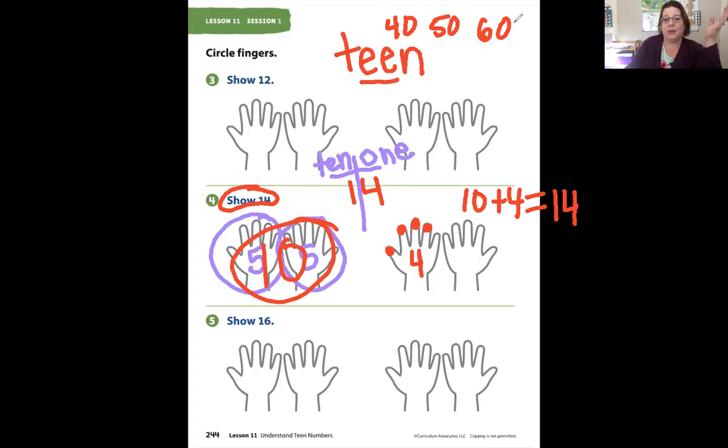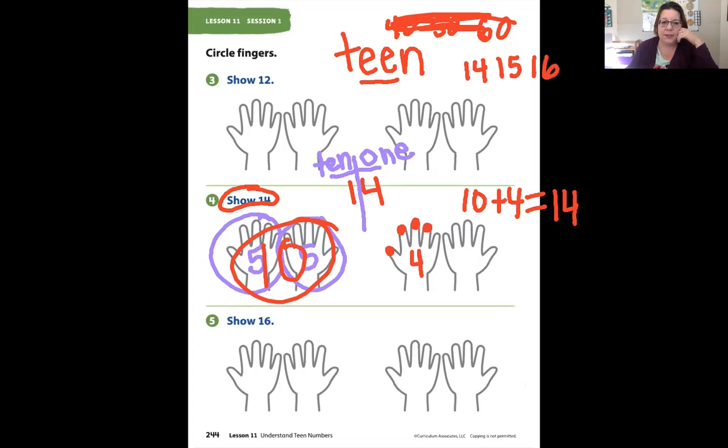That's not what we were saying. We were saying 14, 15, 16. As we get older, we can let that sound kind of fade away a little bit, but I like to overemphasize it in first grade, so that's what we're going to do. Okay, so we have 14, 10 plus 4 equals 14.